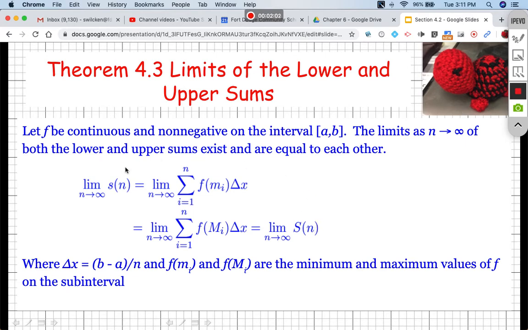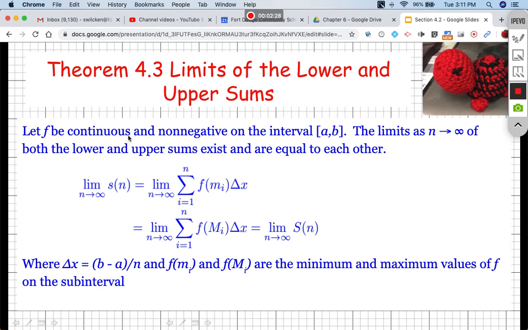And so what we're going to do is take the limit as n approaches infinity, and we could do that of the lower limit or the upper limit. Doesn't matter which one. They will squeeze together to give us the actual value.